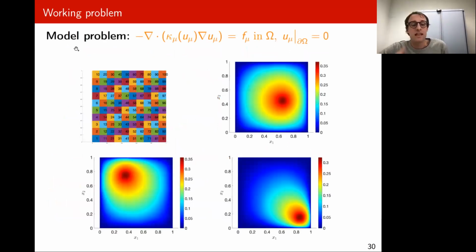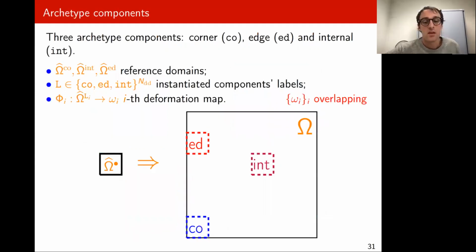This is just to give you a sense of how the solution looks. So here we have 100 components, 10 by 10. And these are 3 snapshots for different values of the parameters. So how to apply model reduction to this test case?